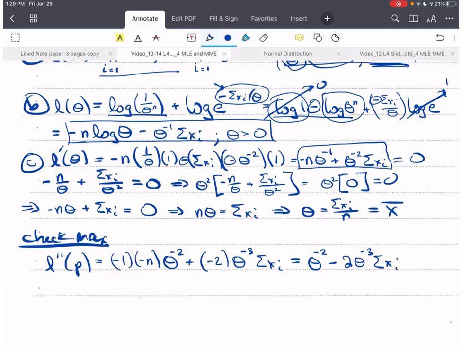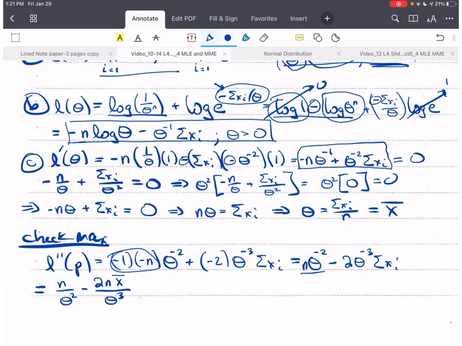Now, I want to plug in x bar for theta. I left out my n here. Don't want to leave out your n. So this becomes a positive n in the front here, and then minus 2. I can rewrite this as n over theta squared minus 2 n x bar over theta cubed.